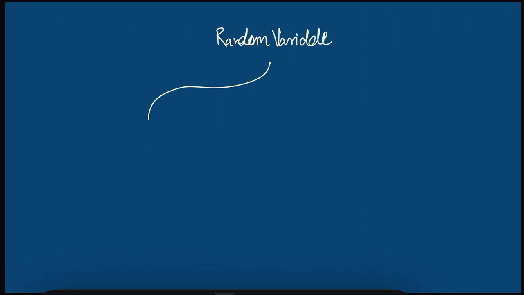But on the major side I want to clarify that random variables have two types: discrete and continuous.